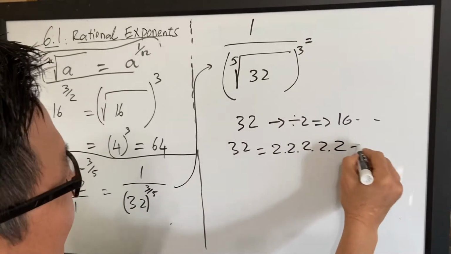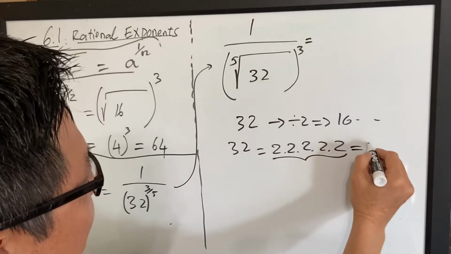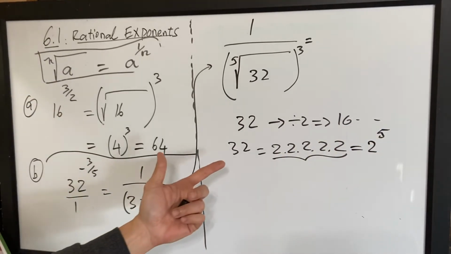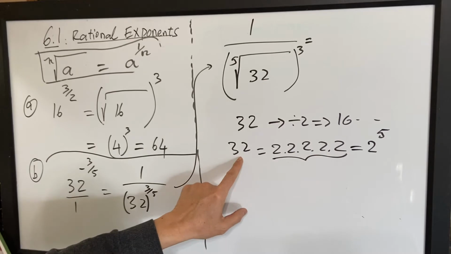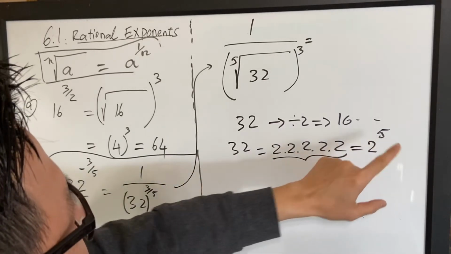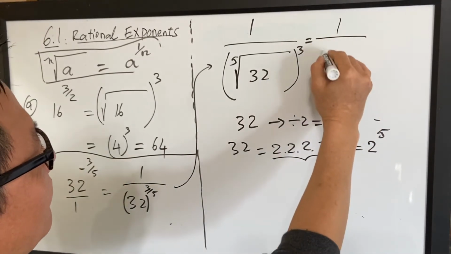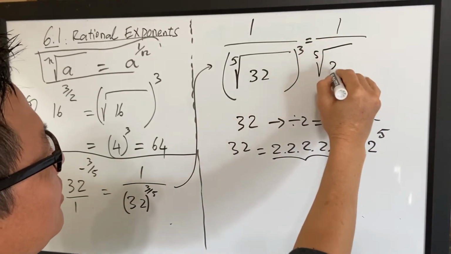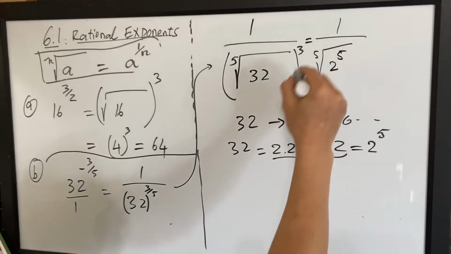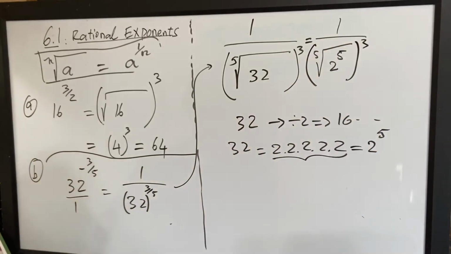There we go. And combine this expression right here. This is the simplest form. Now you see something. 32 is being expressed as 2 to the 5th power. So I'm going to rewrite that right there for you. Okay, 2 to the 5th power right there. And the whole thing right now is to the 3rd power.